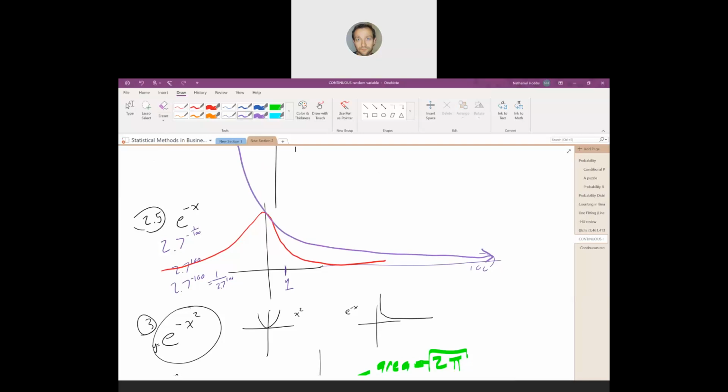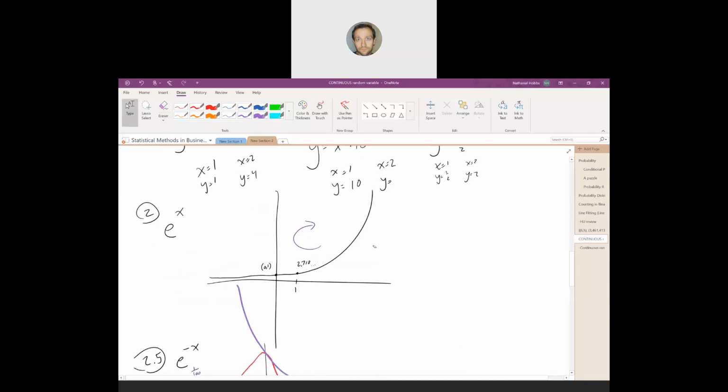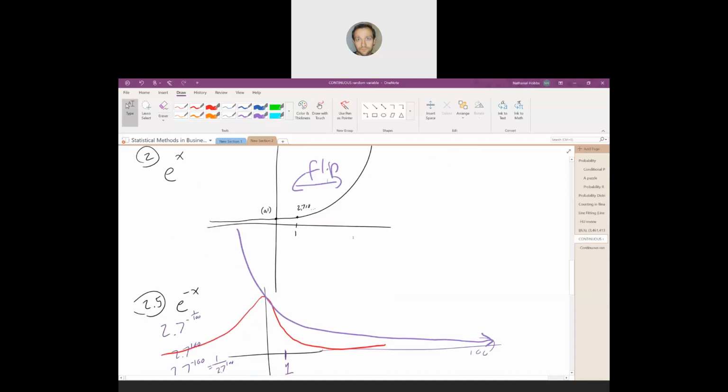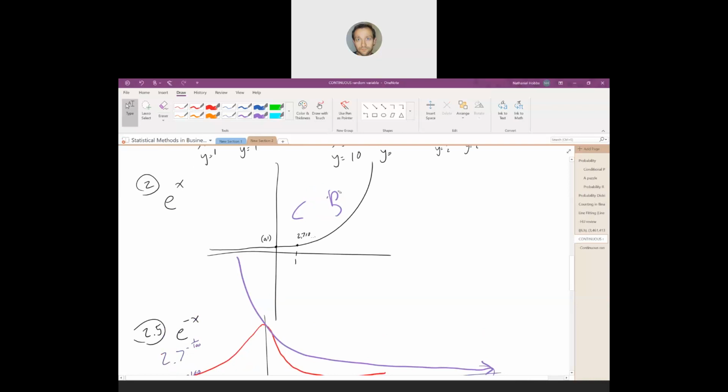E to the minus x is like this. It flips. No, it's a flip. So if you take this e to the x, and you take e to the minus x, it's like looking in a mirror about the y-axis. Things just flip around it.